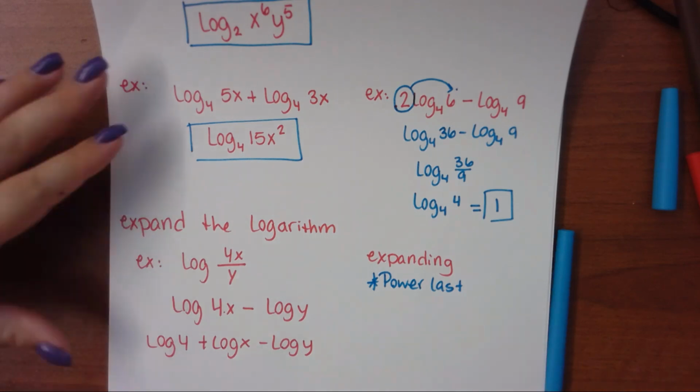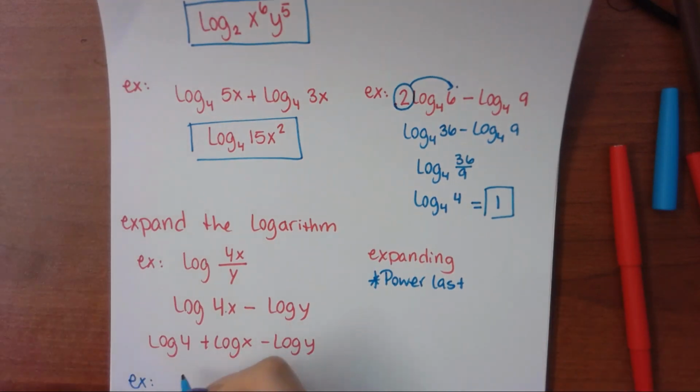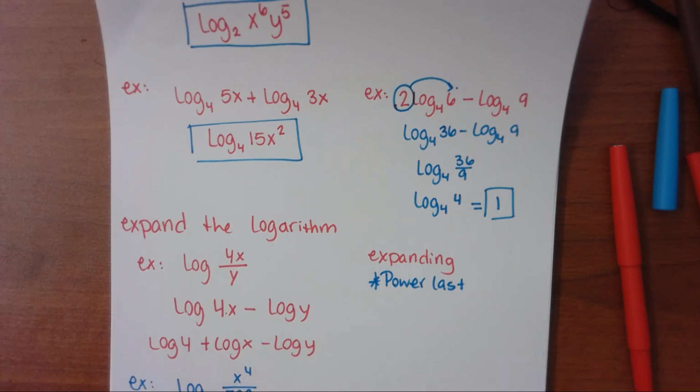Try this one really quickly on your own and see how you do. So let's say I have log base 9 of x to the 4th over 729. If I do this one, I'm going to expand it.